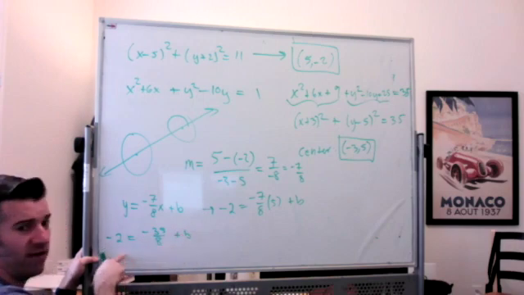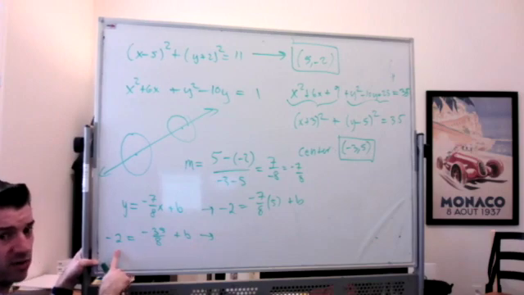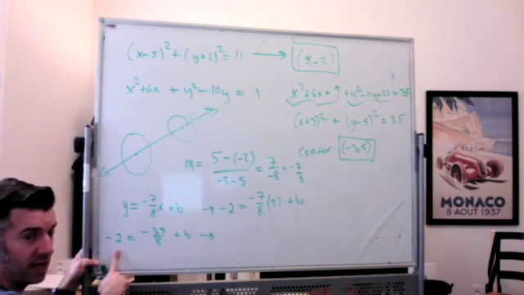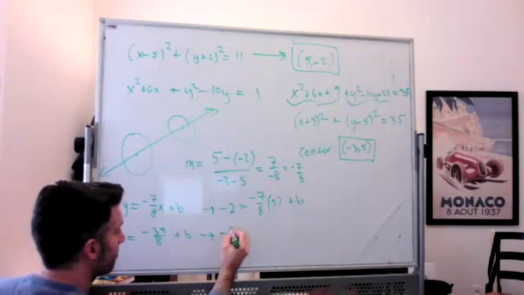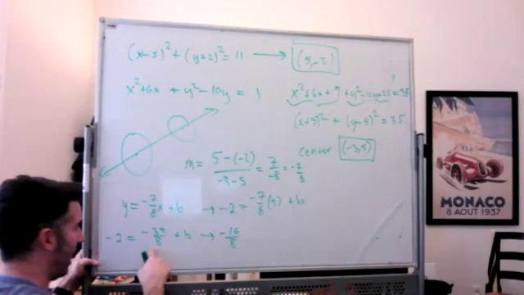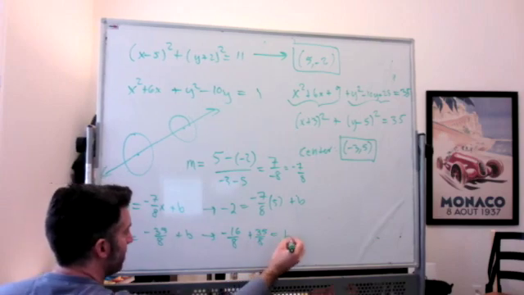I'm going to add 35/8 to both sides. I'm also going to change -2 to be in terms of eighths: -2 times 8/8 is -16/8. Adding 35/8 gives b.